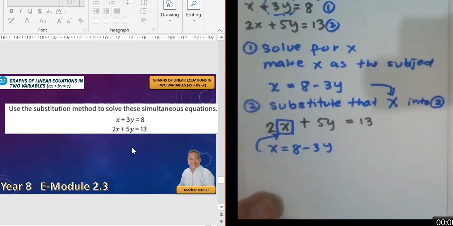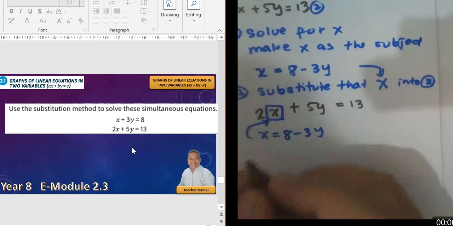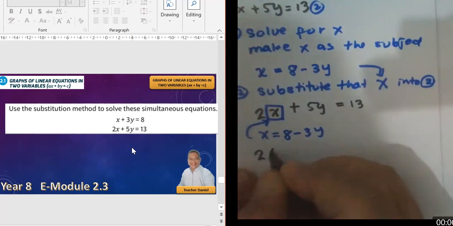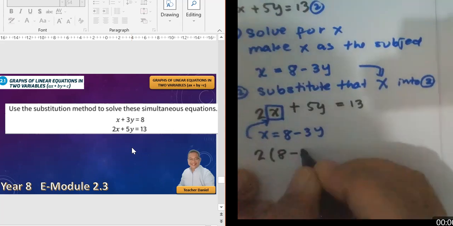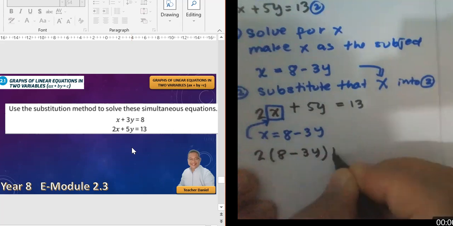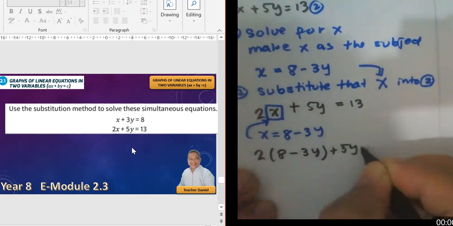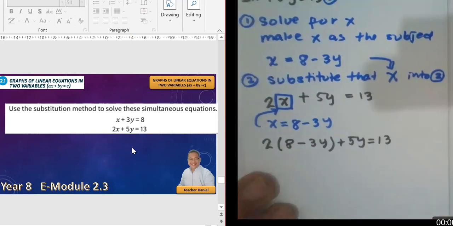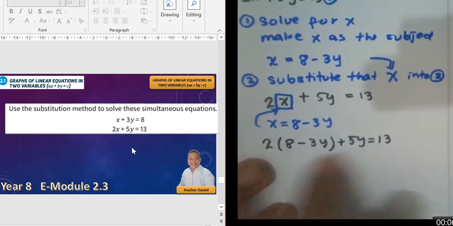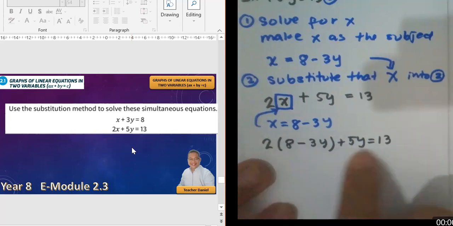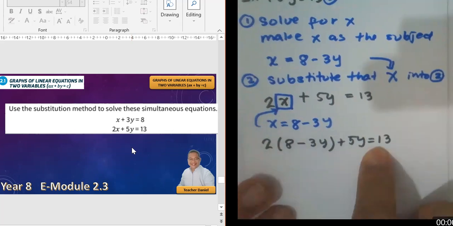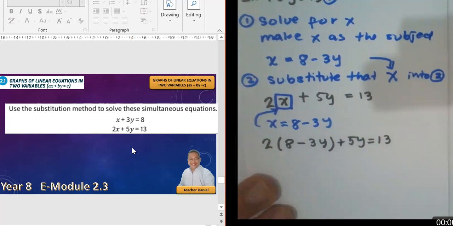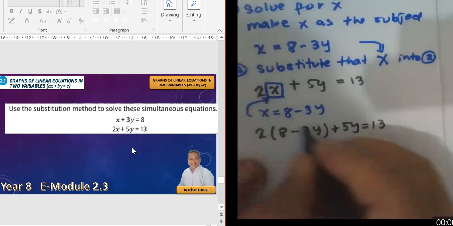So we're going to put it down: 2 times (8 minus 3y) plus 5y equals 13. Please take a look that all of them are now y. Only a single variable. So therefore, we can now simplify this further.